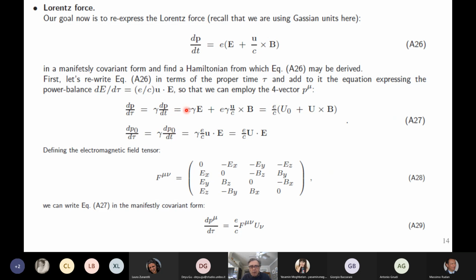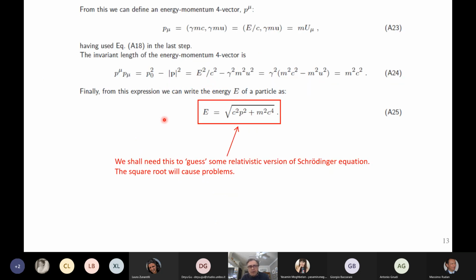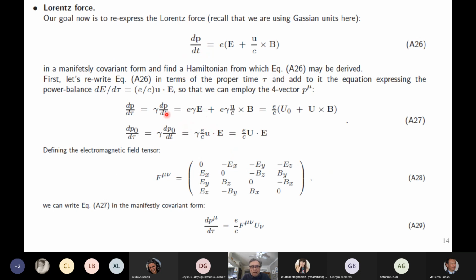So I write them now in terms of the four momentum that we defined before, and define these four equations. These are the three space-like equations, exactly what I have here. And then I have the energy balance for the time-like component.